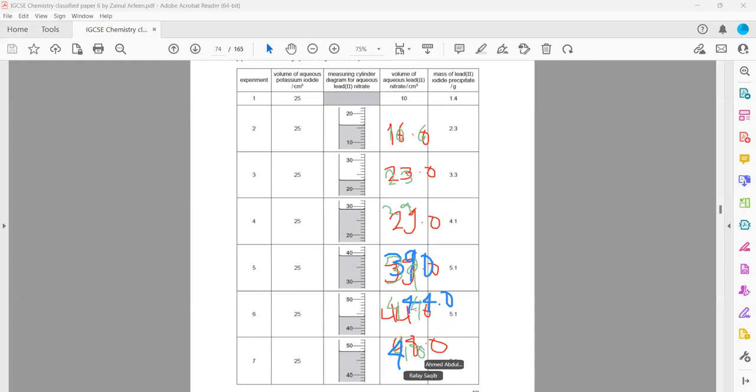Okay, so these are the results for the experiment, because we have to use these results and plot a graph. So it is 16, 23, 29, 39, 44, and 48. So we'll use these results to plot a graph.